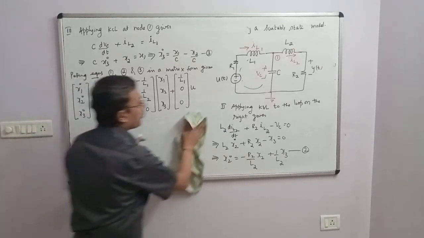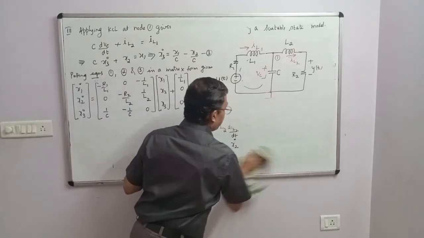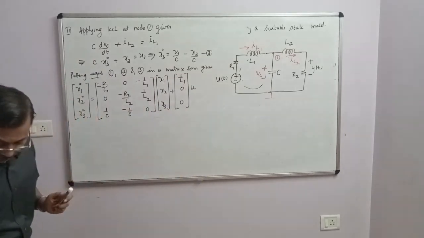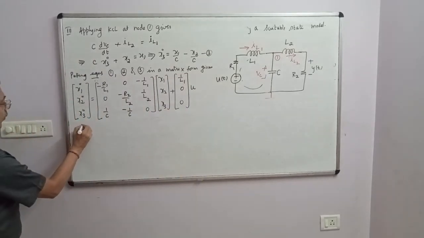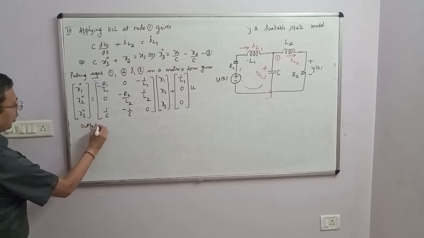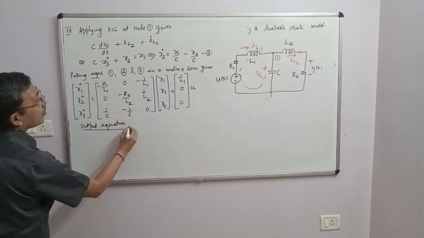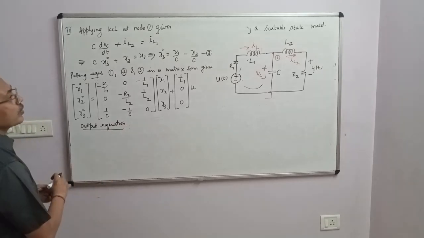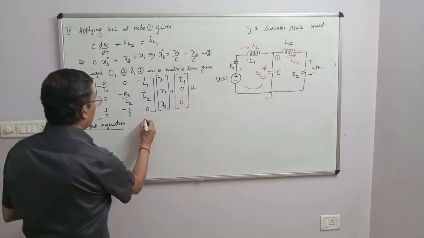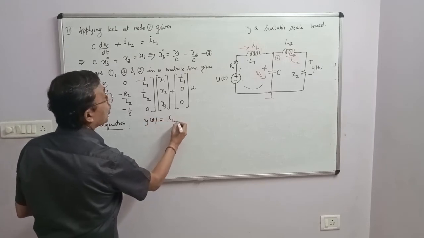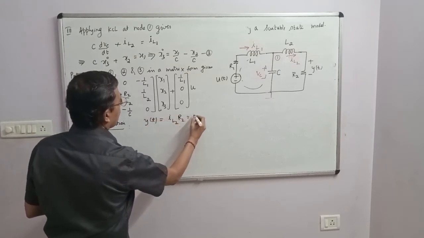Next, output equation. Y of t is equal to IL2 into R2.